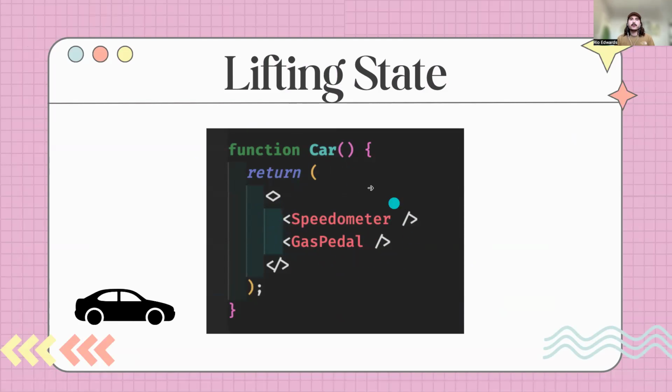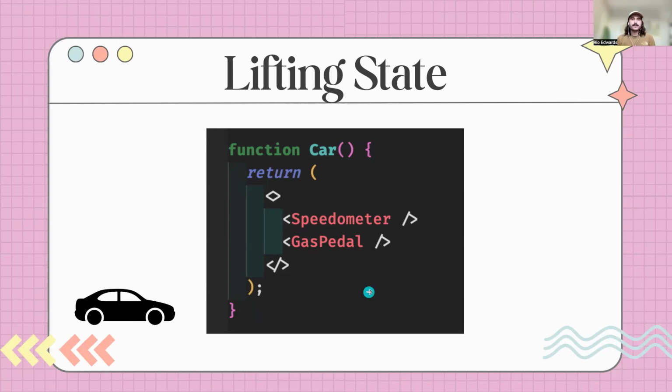What kind of variable do you think we're going to need? I'm going to try to do some engagement here with the audience. Can anyone predict what type of variable we're going to want to use with this speedometer and gas pedal? So I guess for the speedometer, you want speed, and for the gas pedal, I guess you could use speed also, but maybe force.